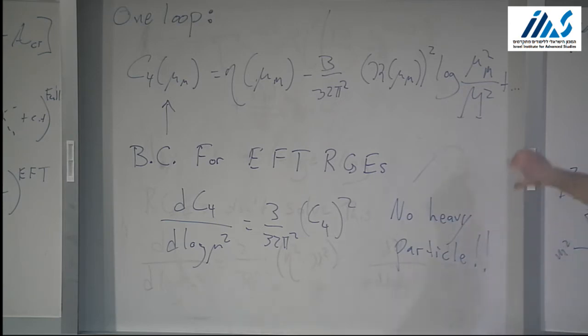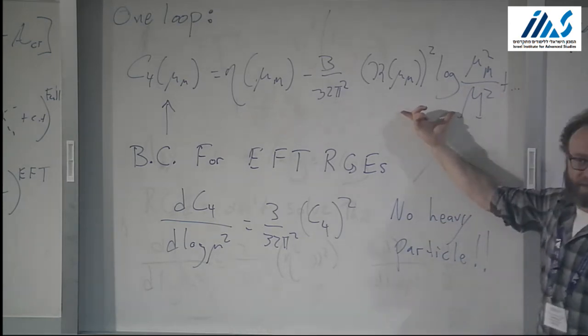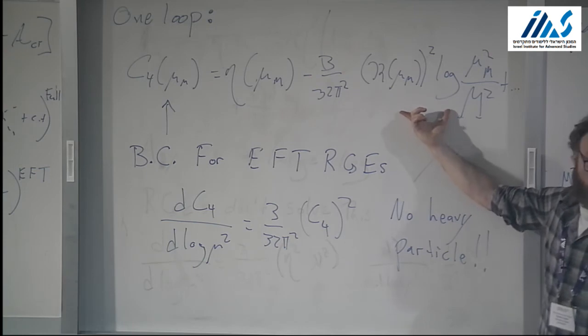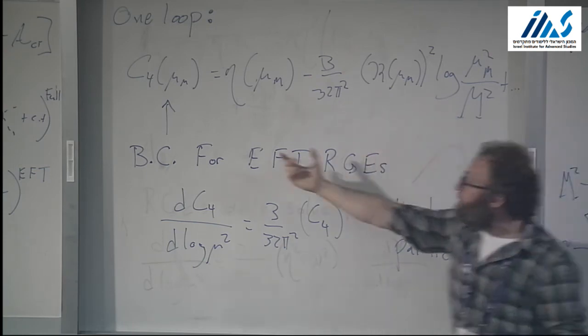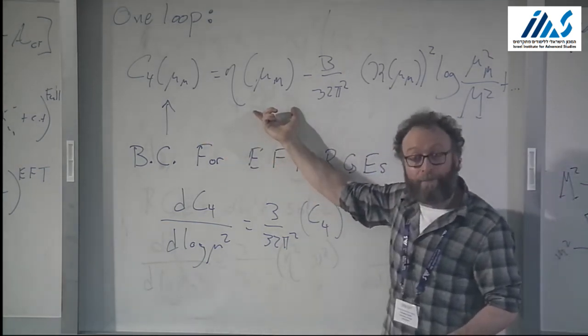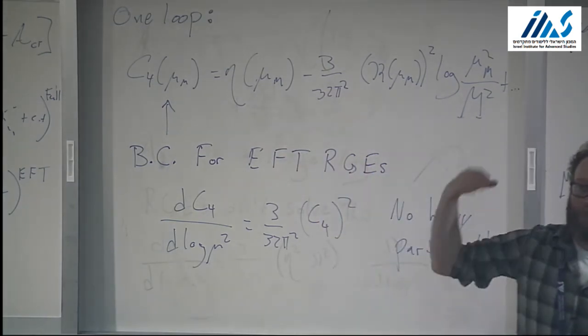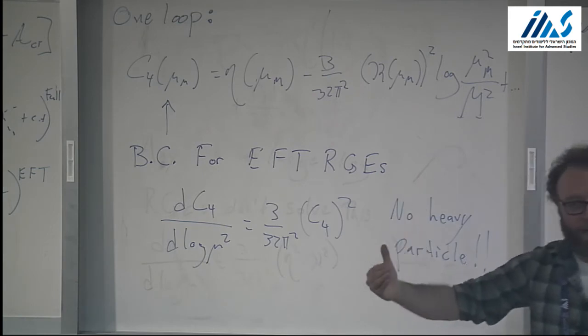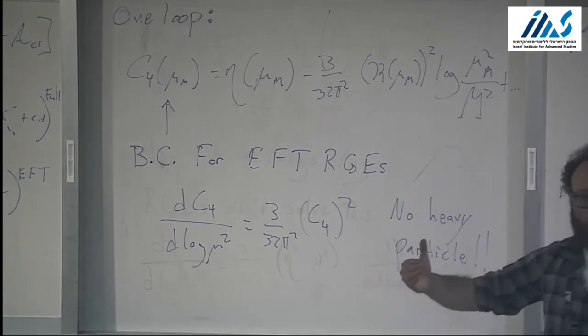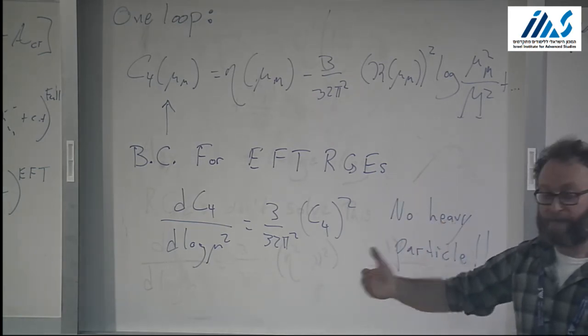So for example, let's say I picked mu m equals 2 big M. Then this term is non-zero, and in that particular choice of scheme, C4 is actually not equal to eta. So matching is giving me one loop corrections to the boundary condition for the EFT so that I'm getting decoupling correct, and I'm doing it systematically.